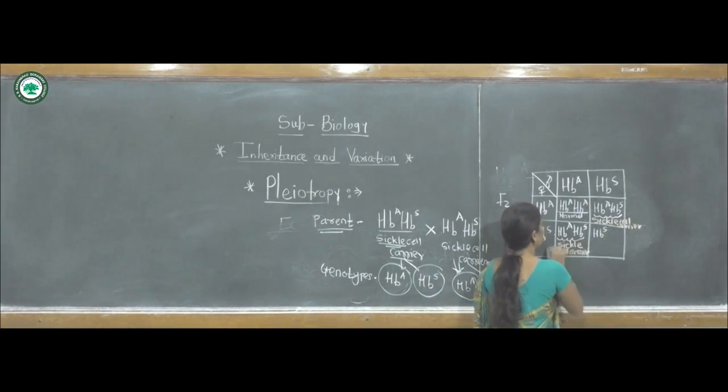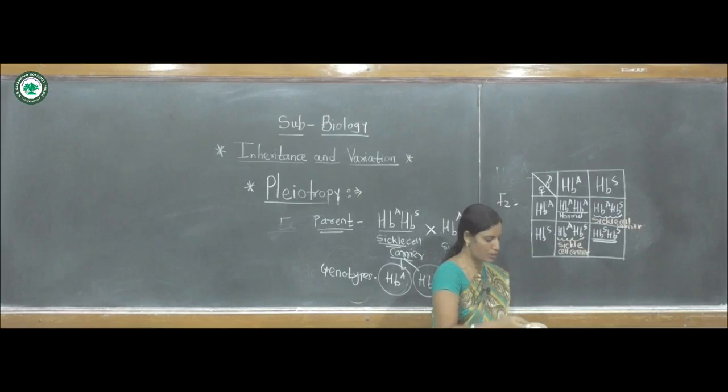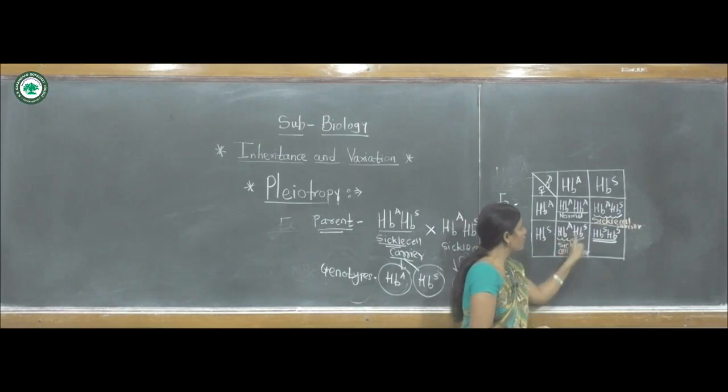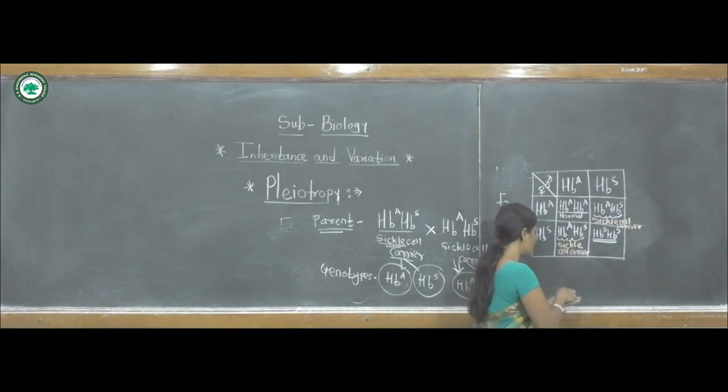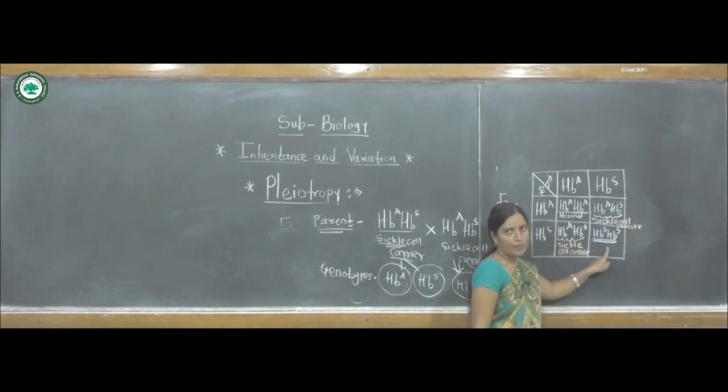This is a recessive gene that is formed. Some of these are heterozygous genes and this one is the homozygous gene, and it causes sickle cell anemia disease.